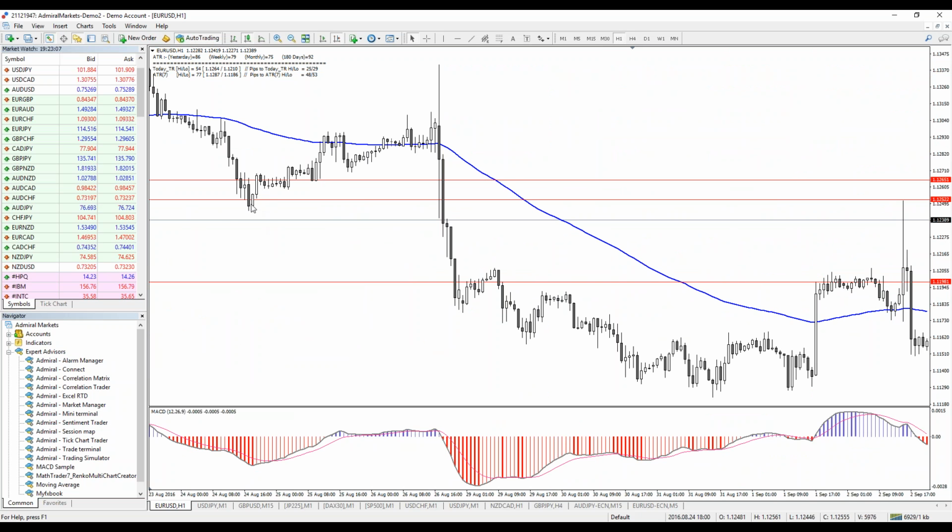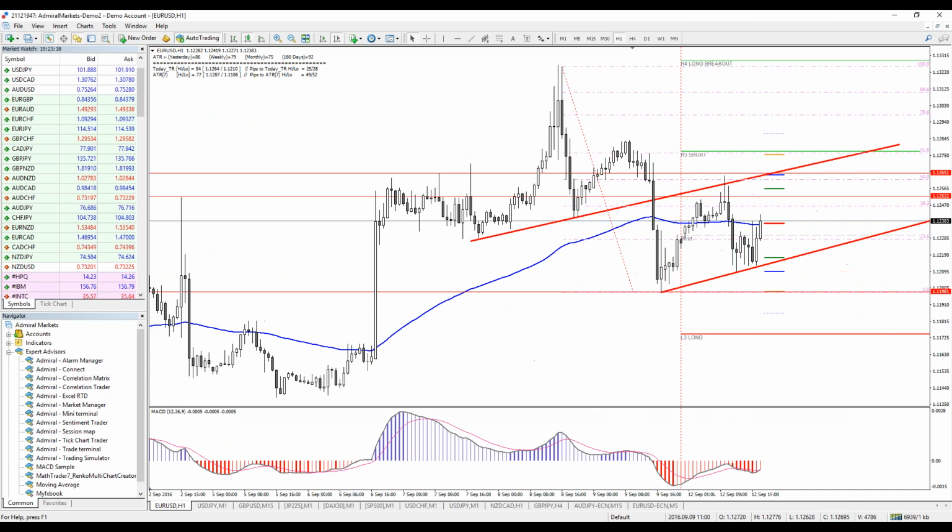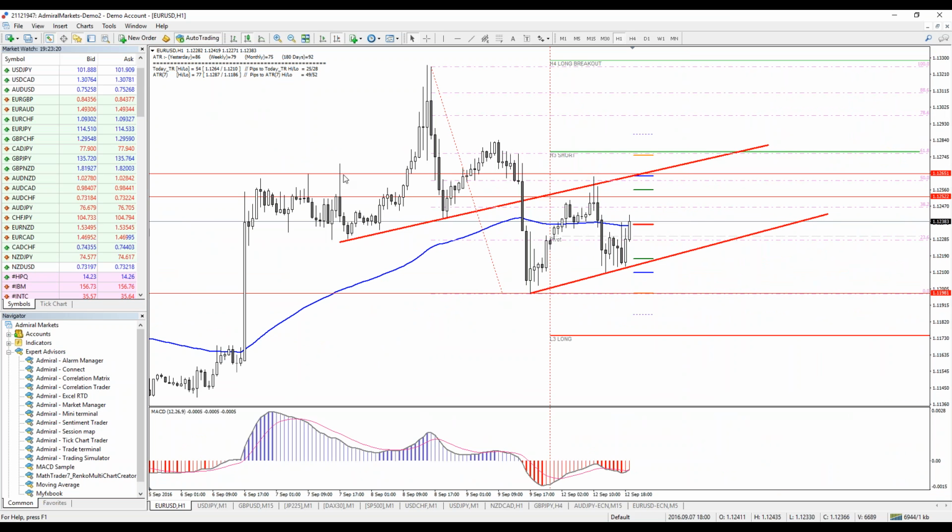Here we had buyers, but then when this level was broken and retested, we had sellers. Here sellers, here sellers. And latest in the history was that this level was sold.